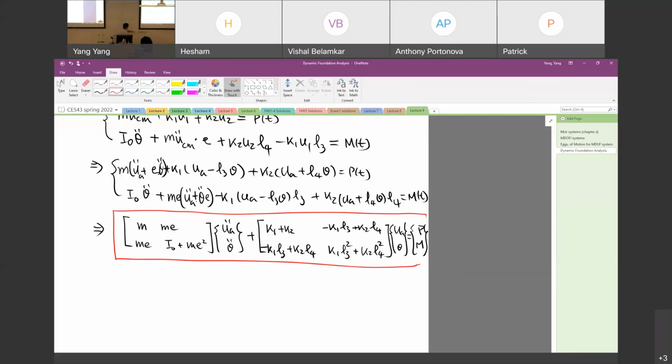If we look at the mass matrix and the stiffness matrix, both matrices have some very important features. Are those two matrices symmetric?